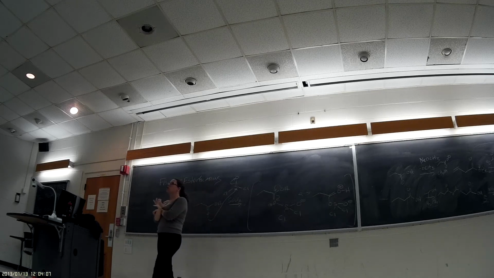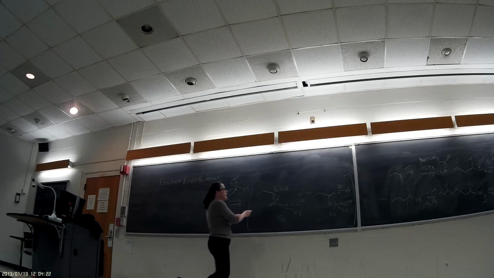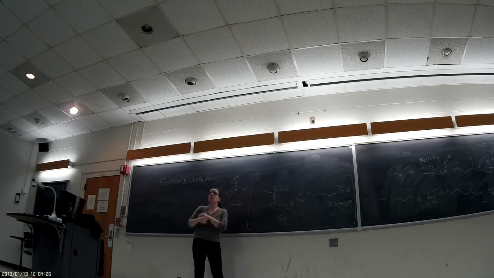Just like a CO double bond wants to collapse and reform, which is what we were looking at with Fischer esterification, it wants to reform. It can reform here at the sulfur because this negatively charged oxygen can start saying, okay, I'm negative out here, I want to make my double bond back.